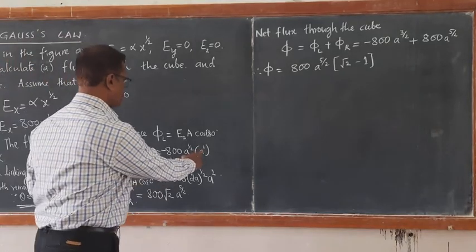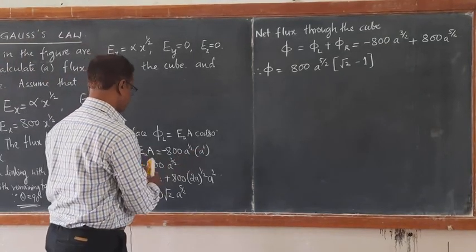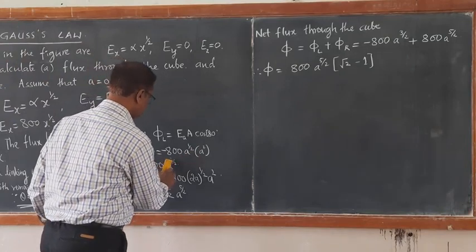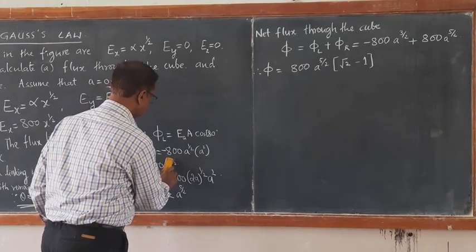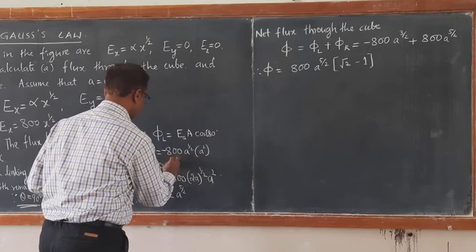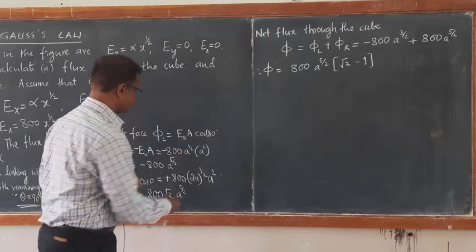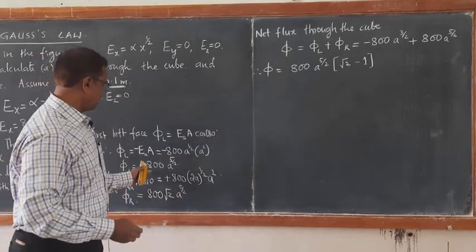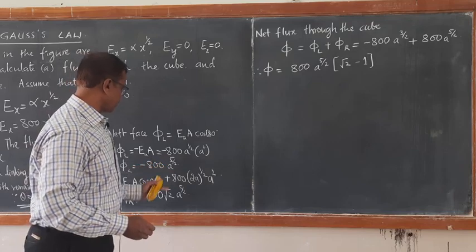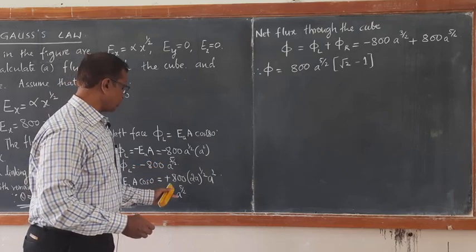A raised to 2 plus half becomes A raised to 5 by 2.